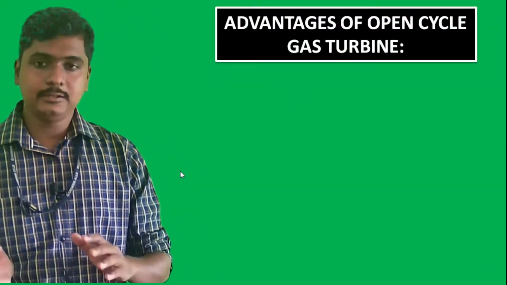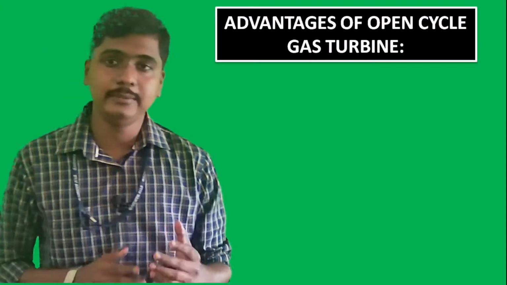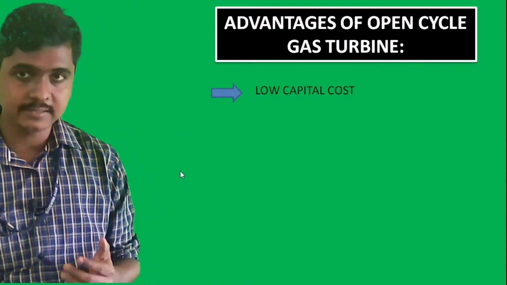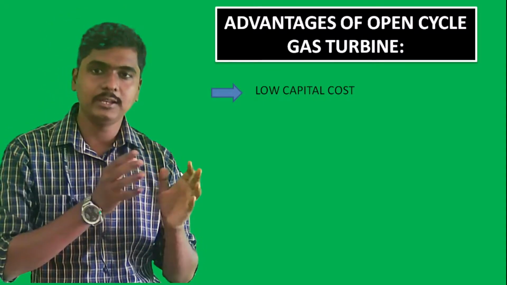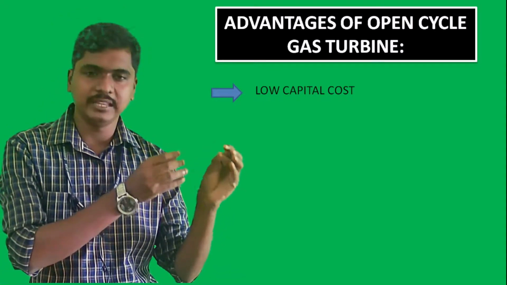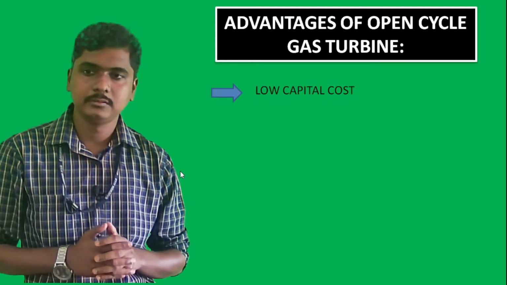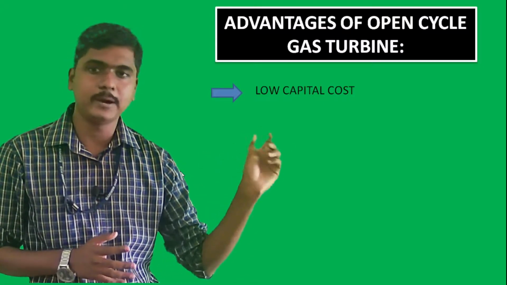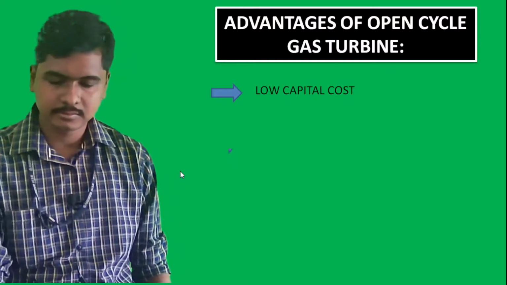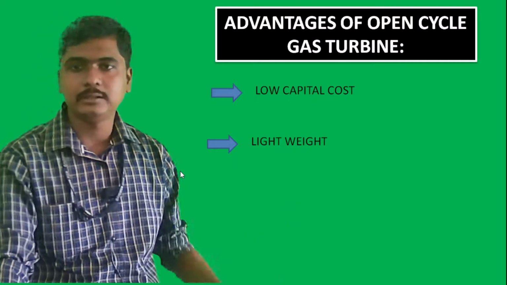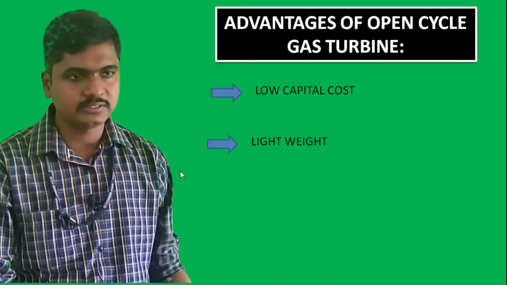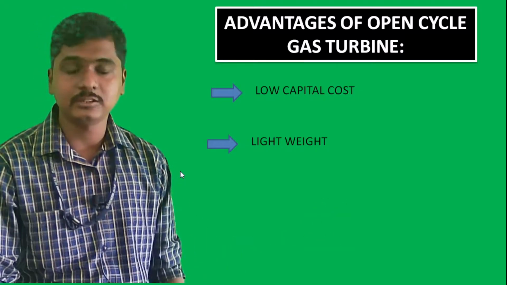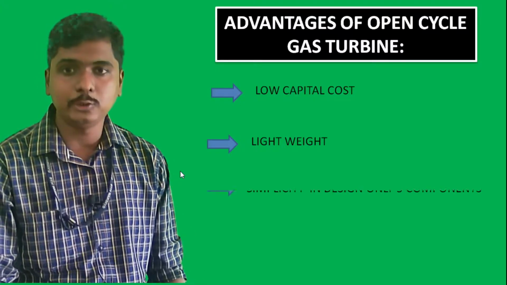Now if you see the advantages, it has a lot of advantages. What are the advantages? The first one is capital cost. Since we are using very few components, the cost of the power plant will be very low. Second one is lightweight. Of course, the number of components is very small, so this open cycle gas turbine will be very lightweight.